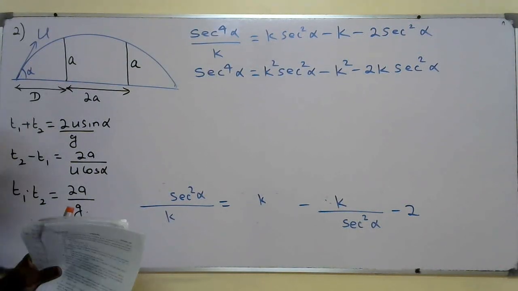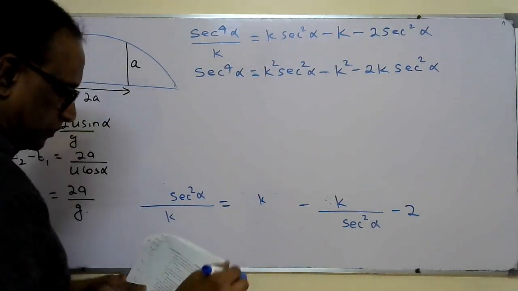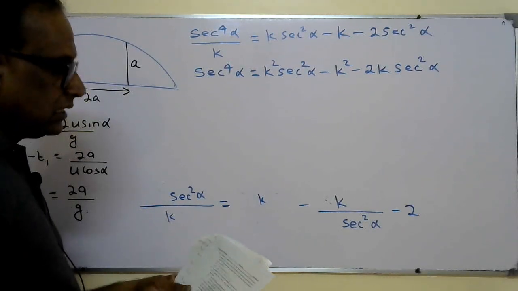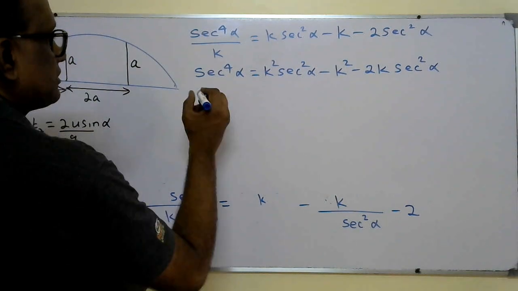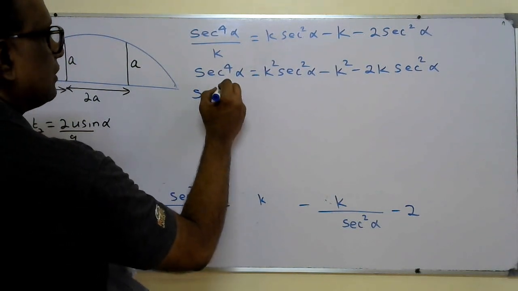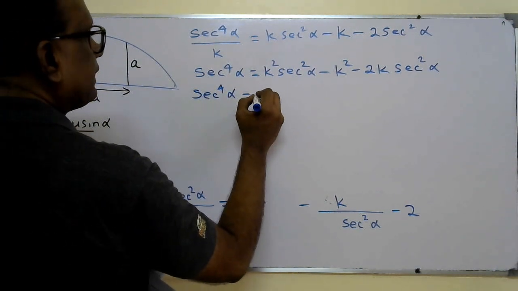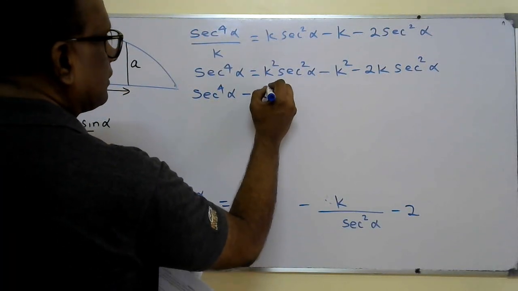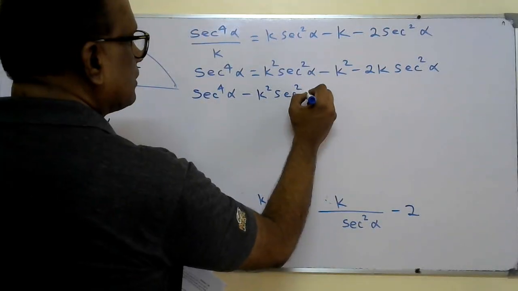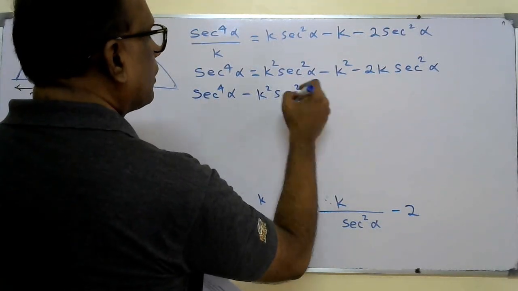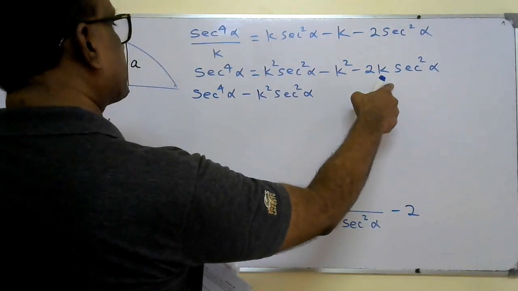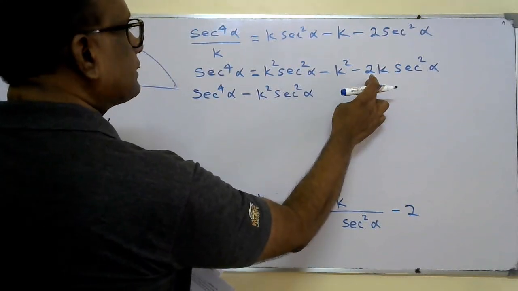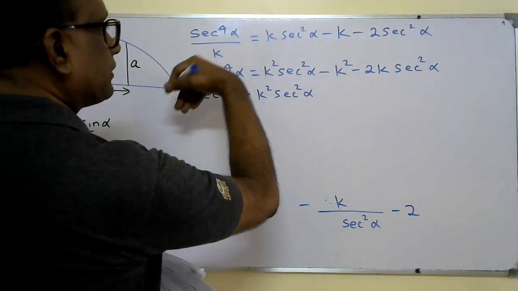So rearrange it. We'll bring everything to the left. So sec to the power 4 alpha minus k squared sec squared alpha. Here it's going to be minus k squared sec squared alpha, and it will become plus when I bring it to the left side.